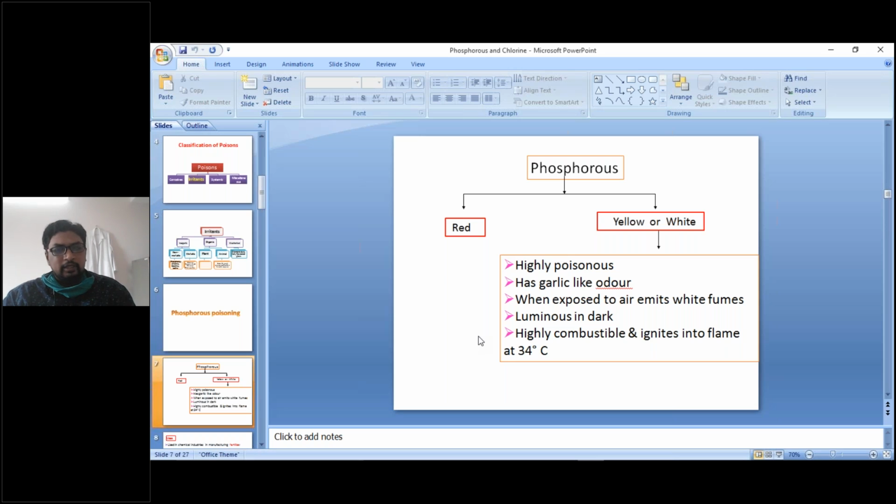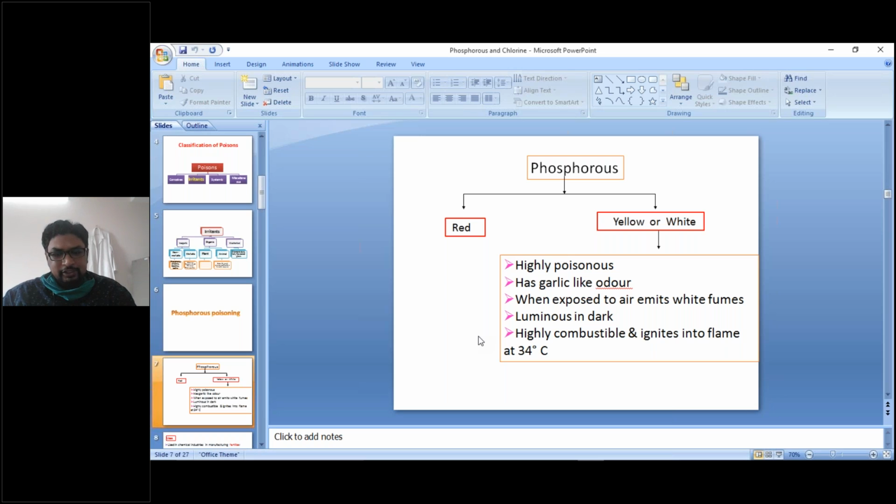Whenever a person has taken this yellow or white phosphorus, when he is vomiting the food contents, or when he is defecating stools, both these things are luminous in the dark because of the phosphorus content in their excreta or vomit.